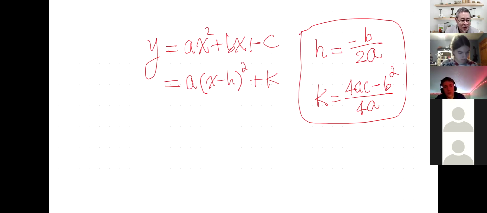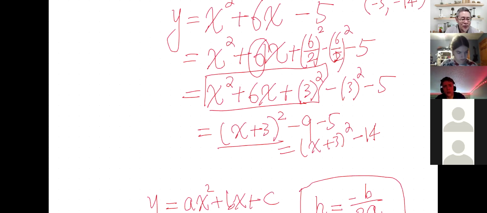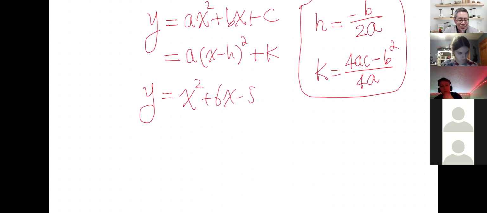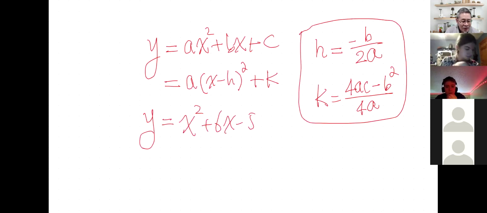So what we did earlier, instead of doing that, we just use the formula. For x squared plus 6x minus 5, our a is 1, our b is 6, our c is -5.